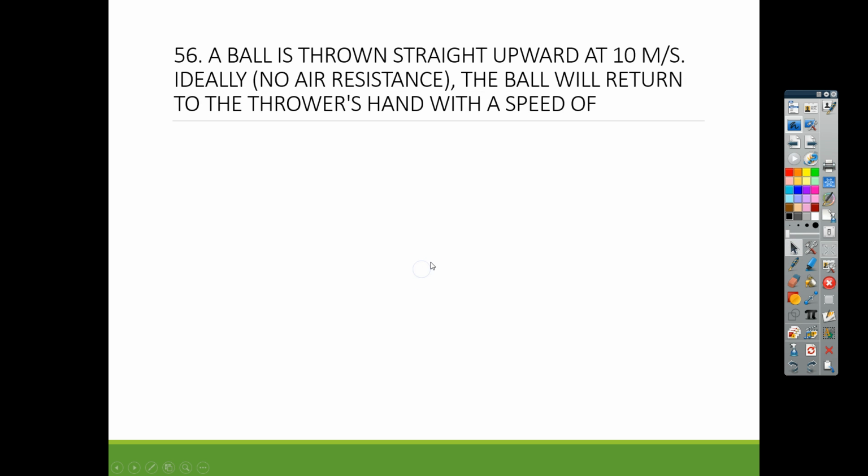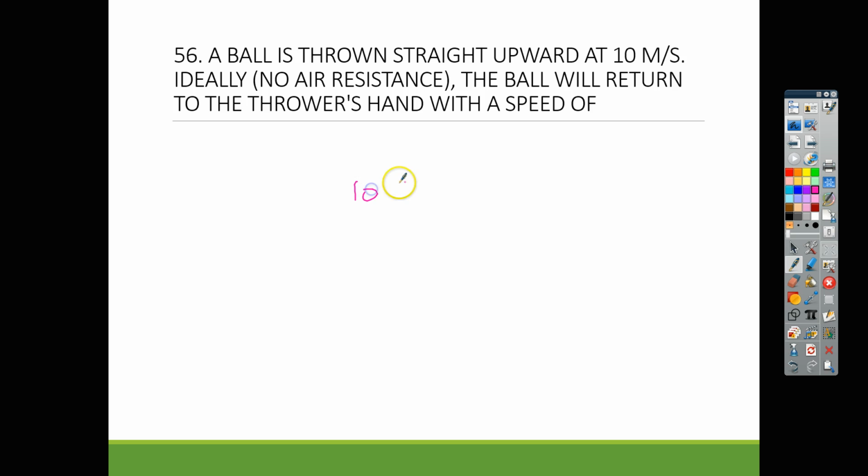Number 56, a ball is thrown straight upward at 10 meters per second. Ideally, the ball will return to the thrower's hand with a speed of 10 meters per second down, or you could say negative 10 meters per second. The magnitude is the same. So if I throw a ball up at 10 meters per second in this direction, it will come down at 10 meters per second in this direction.